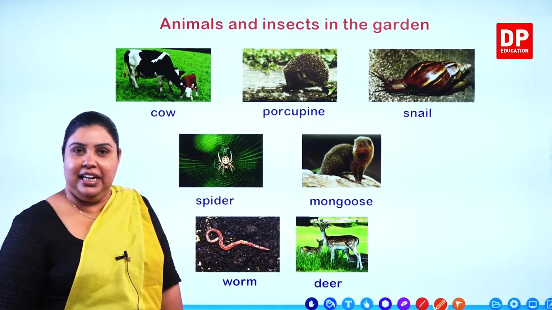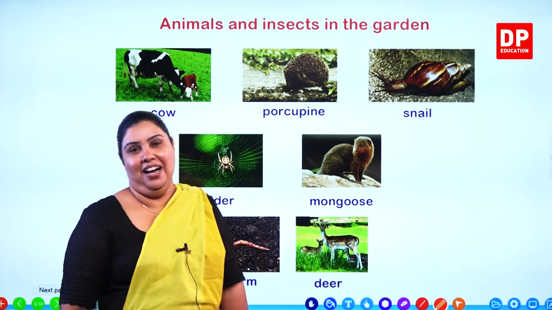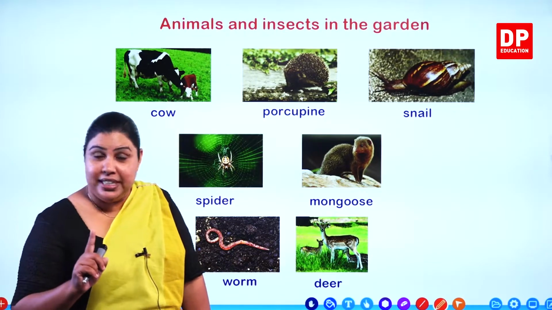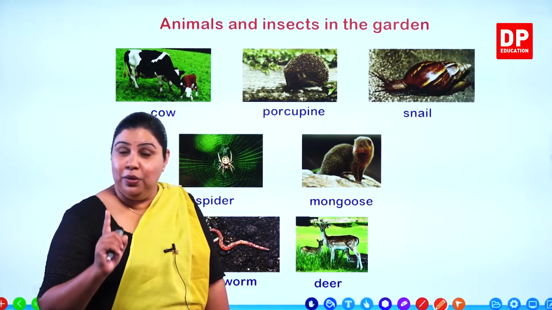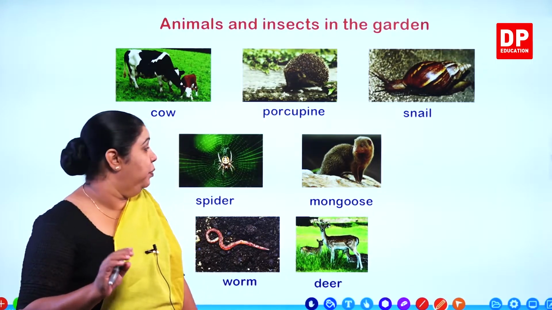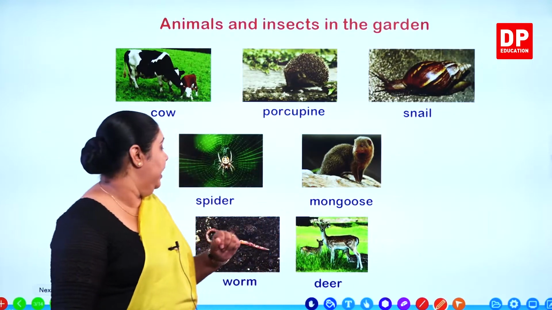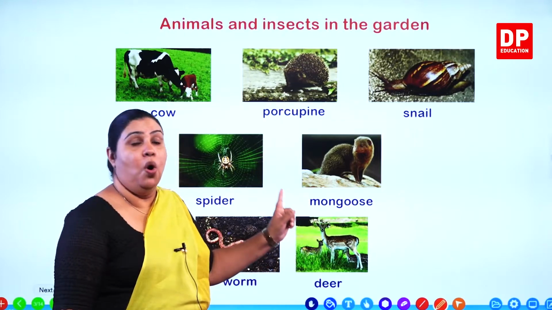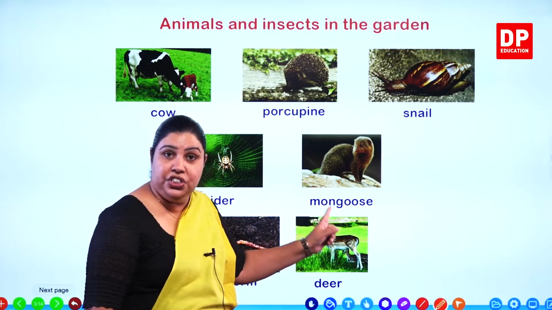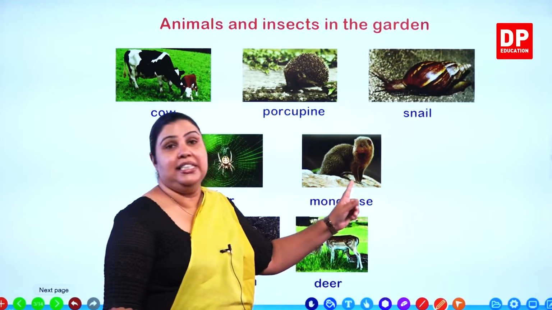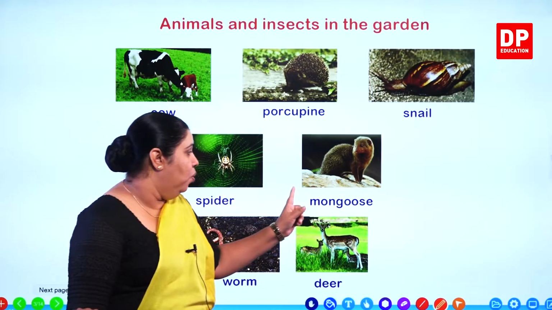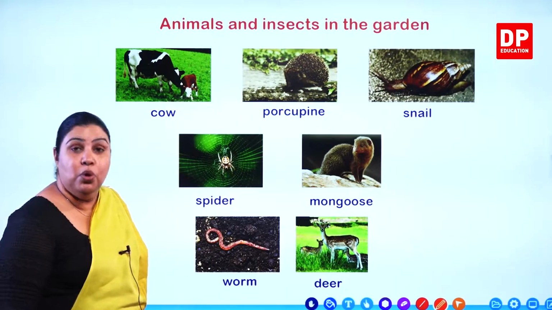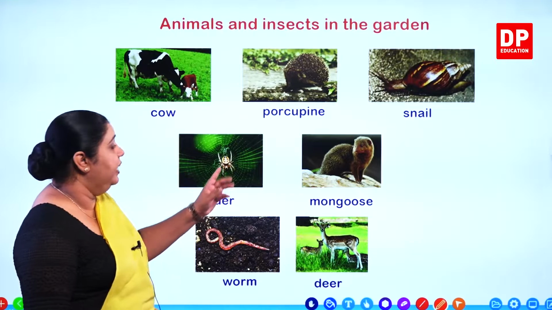It is not mangoose, and not the fruit we eat, mangosteen. We say mongoose for this animal. M-O-N-G-O-O-S-E. Mongoose. That is the mugatiya. Right? Now we have the spider, the mongoose.